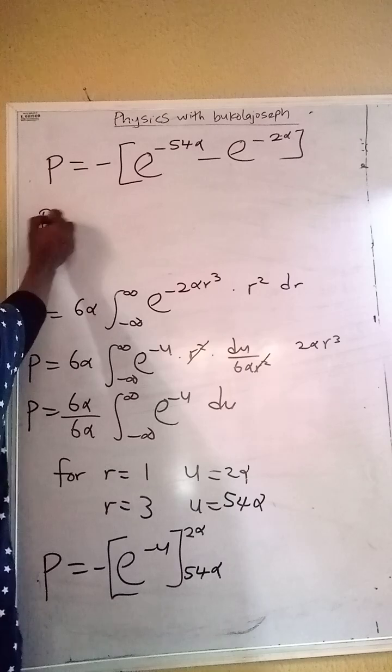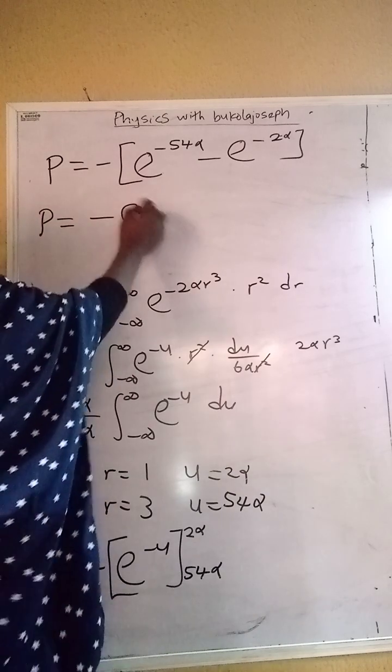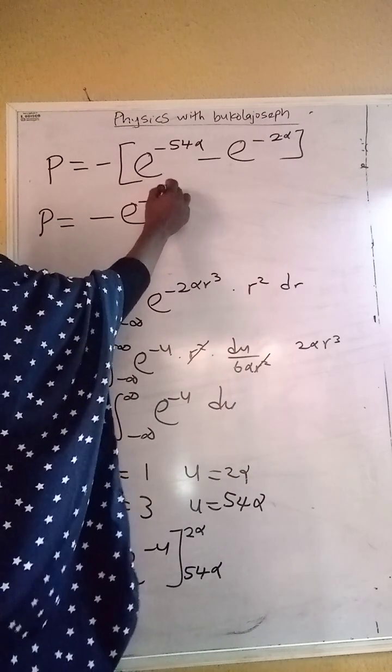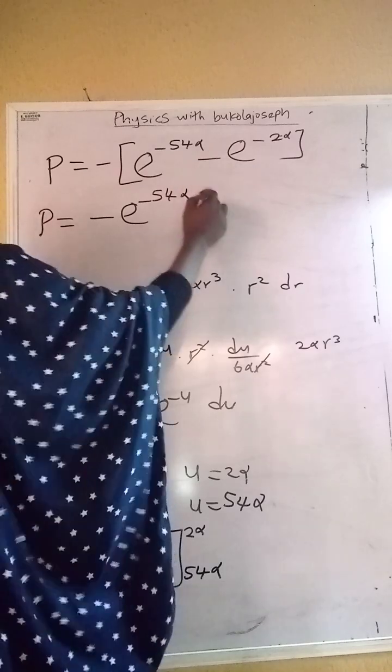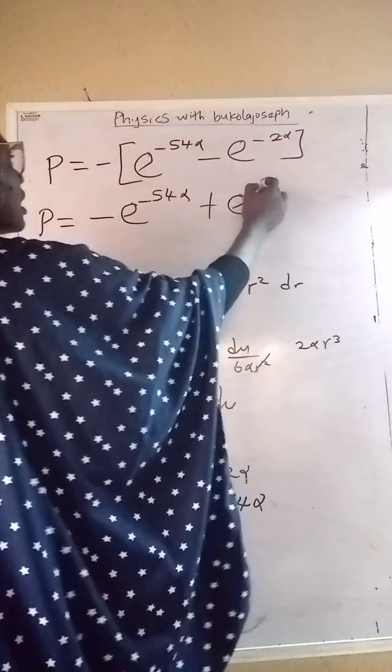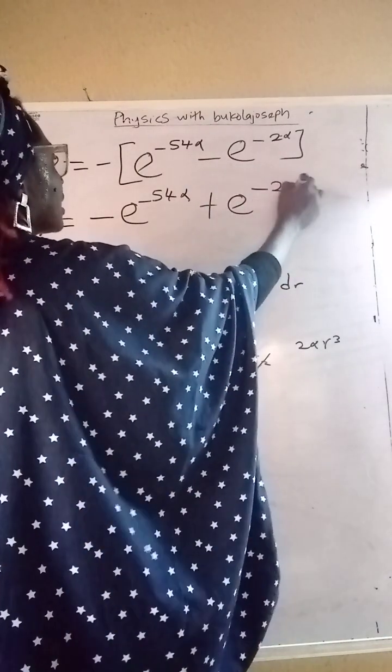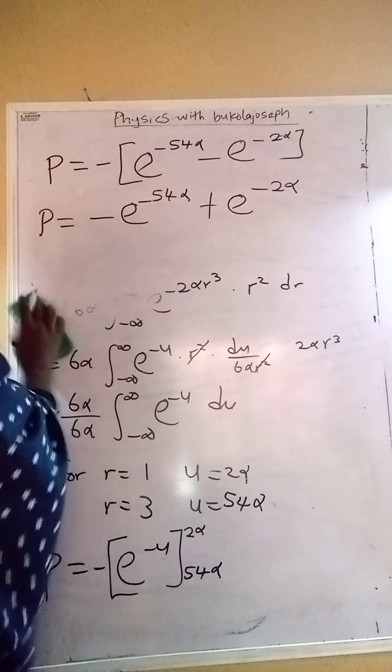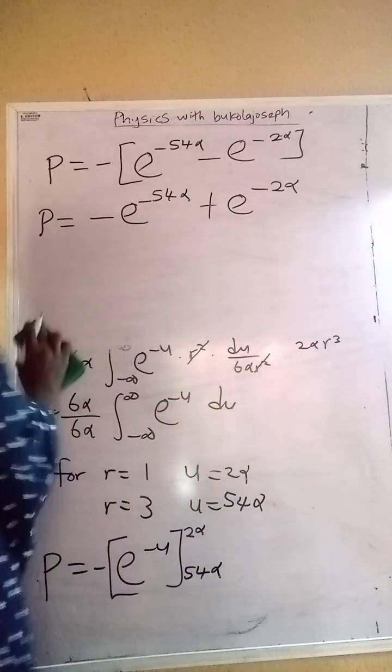If we open this bracket, this becomes minus exponential minus 54 alpha, plus exponential minus 2 alpha.